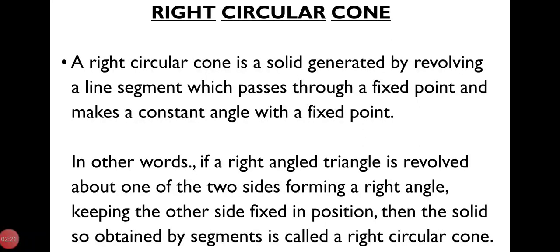Now the best example of a right angle triangle, you can take a set square, bigger set square. If you take that bigger set square and let the longer side stand at the vertical position, the smaller line segment will be the horizontal part.